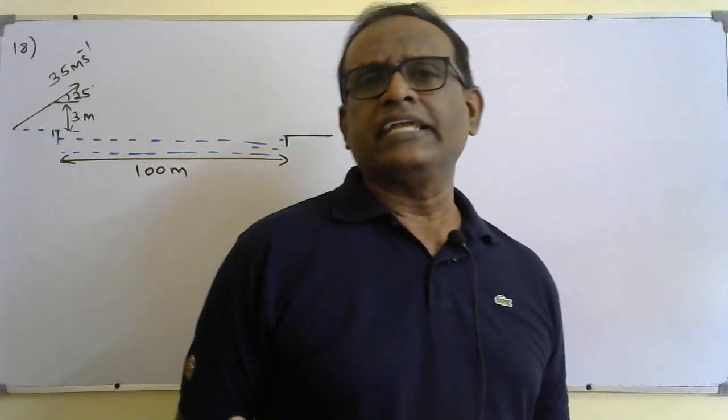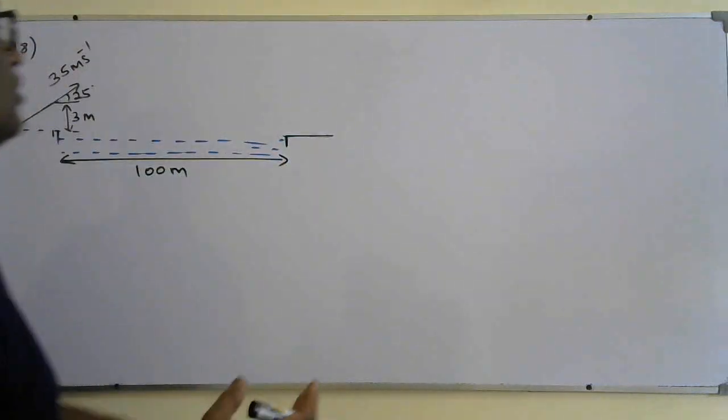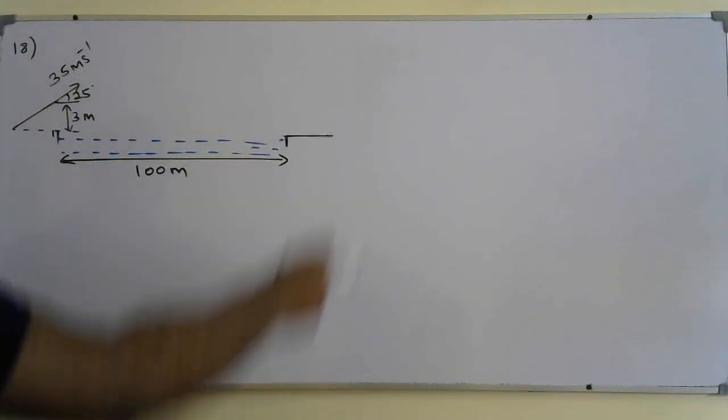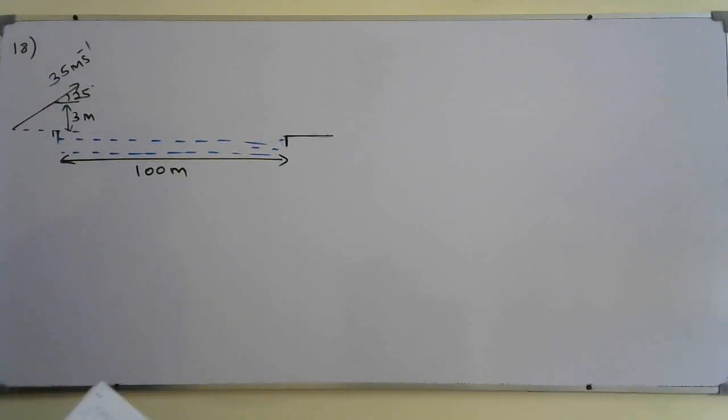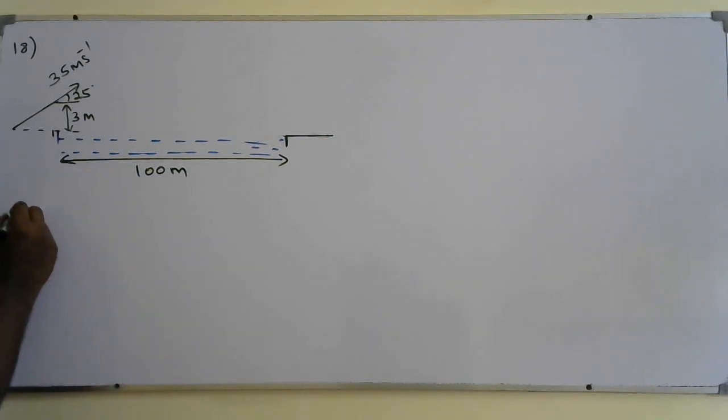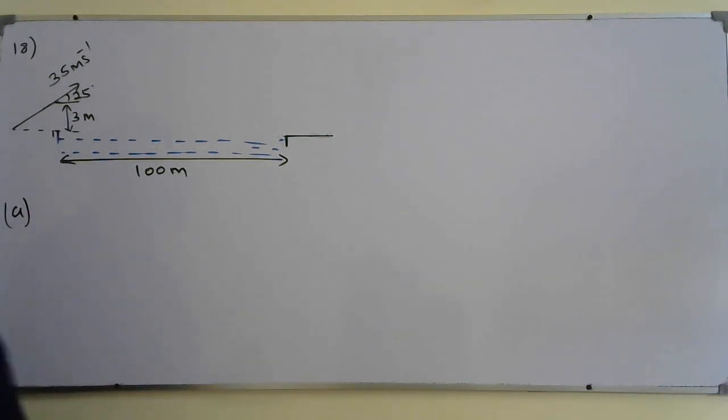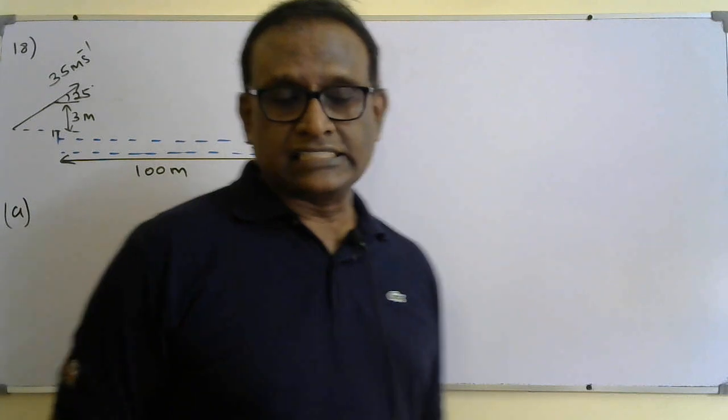So we need to find the range of the motorcyclist for this particular velocity at this angle. Anyway, they are asking part by part. In A part, they ask you to find both the horizontal and vertical initial velocities.